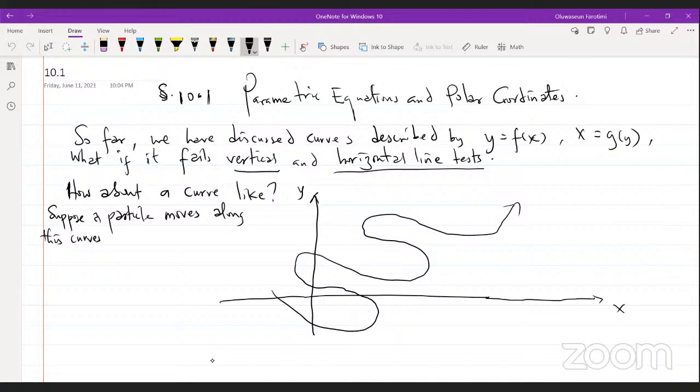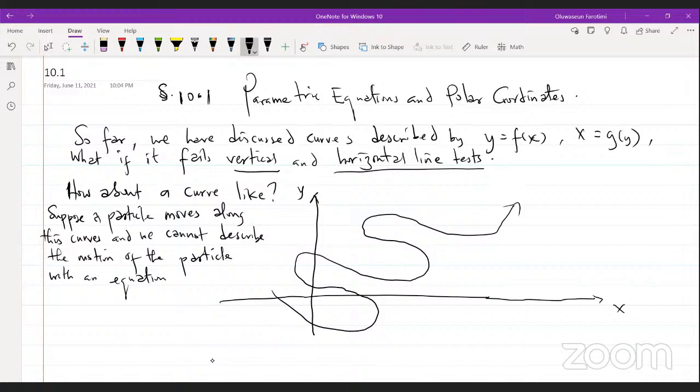So suppose a particle moves along this curve, and we cannot describe the motion of the particle with an equation of the kind.